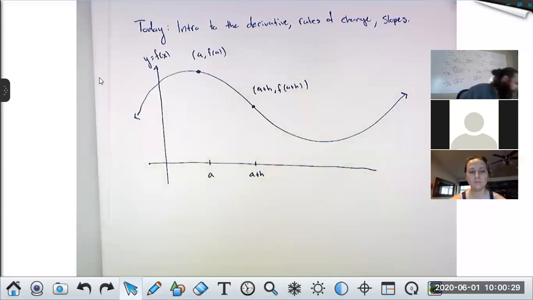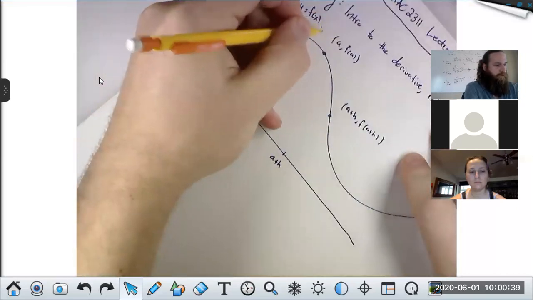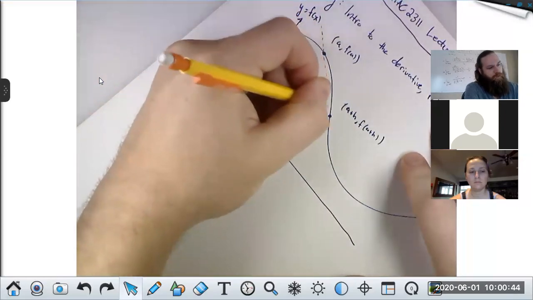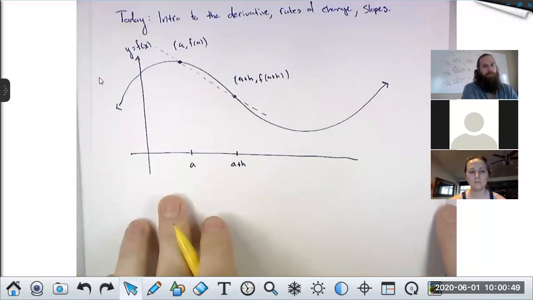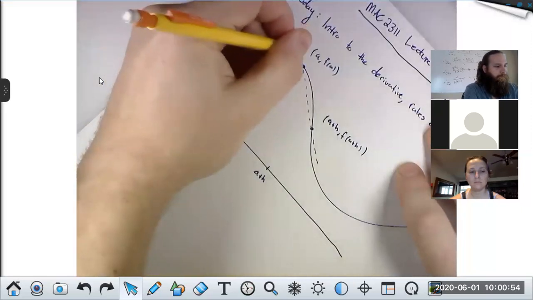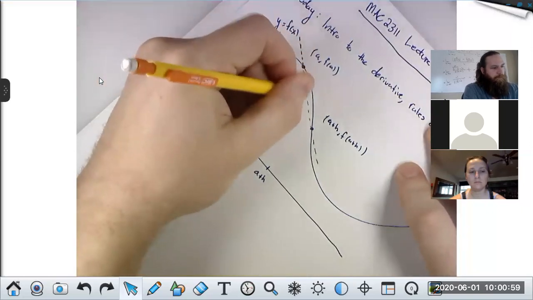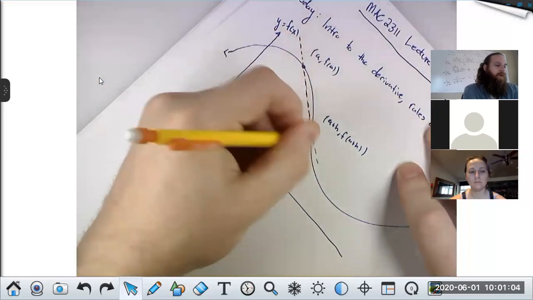Now, I'm going to draw in a little line connecting those 2 points. This line has a name. It's called the secant line. I'm going to make it a little bolder. Secant line is the name for the line connecting any 2 points on the graph of a function.